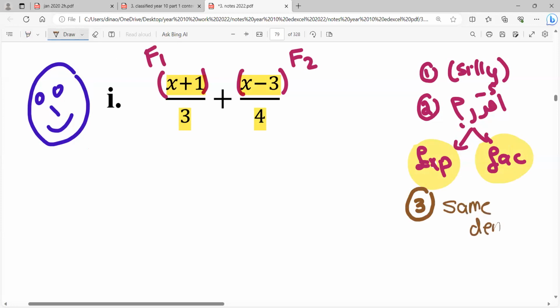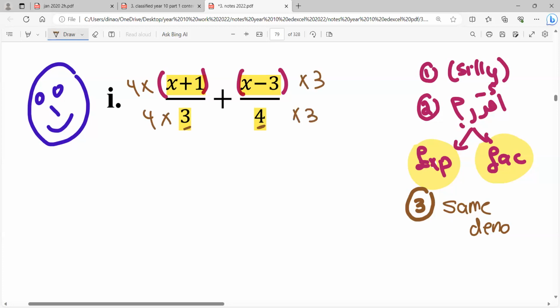the same denominator step. Of course, this is super easy, because if I want to change the denominators, since the denominators are totally different as you can see, I cannot change the 3 into 4 by multiplication and I cannot change the 4 into 3 by multiplication. So in this case I will change both denominators.